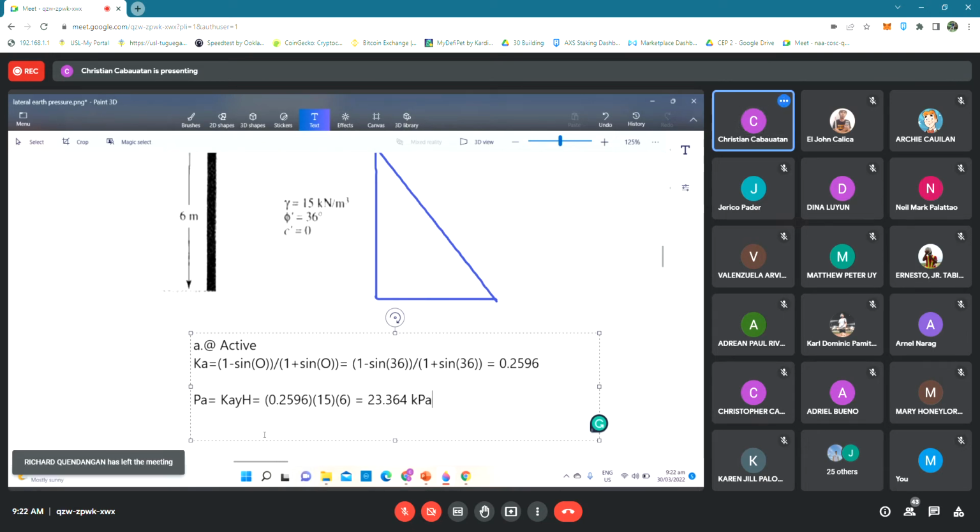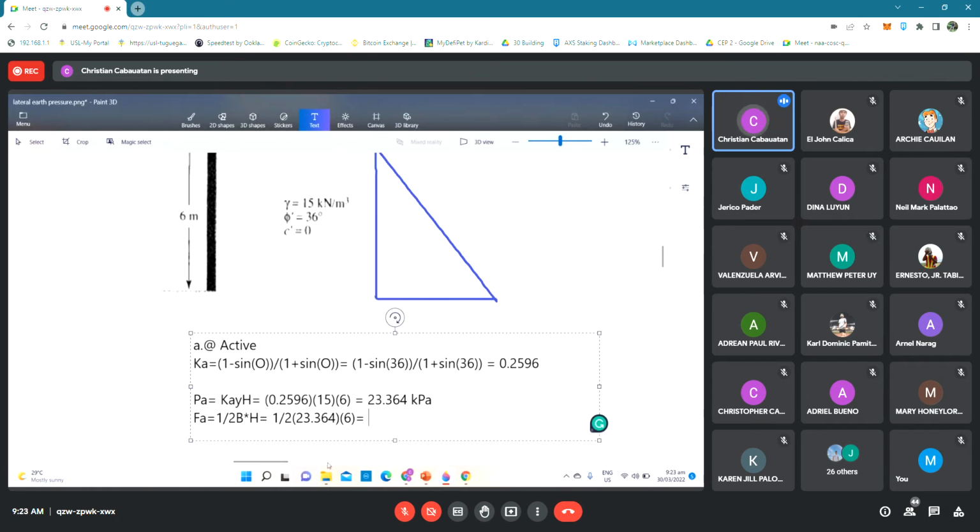Okay? And then, therefore, the active force, which is FA, it is just the area. Since it is a triangle, it is 1/2 times base times your height. Therefore, it is 1/2 times your base, 23.364, times your height, which is 6 meters.